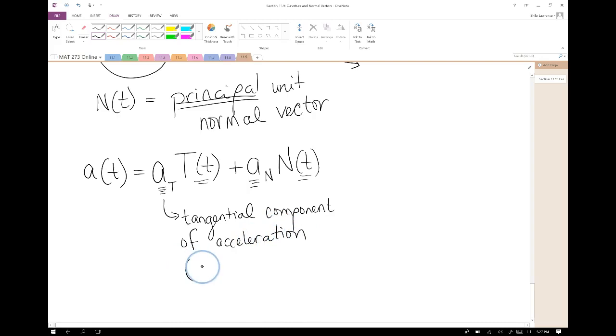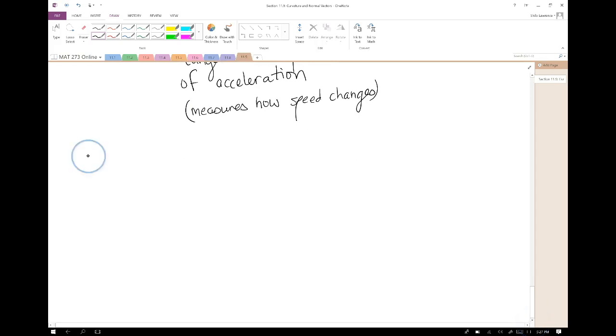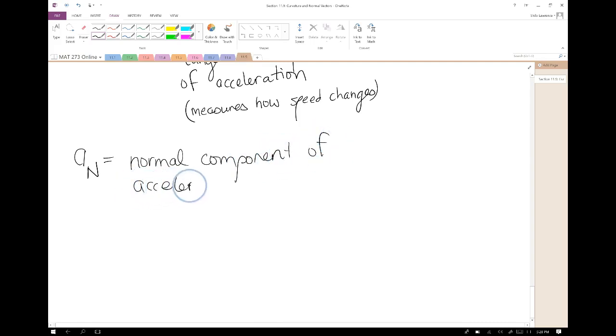And this measures how our speed is changing. A sub n is our normal component of acceleration. And it measures how our direction is changing.